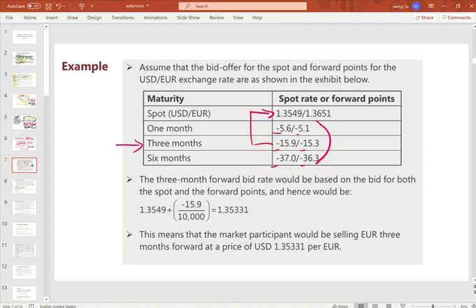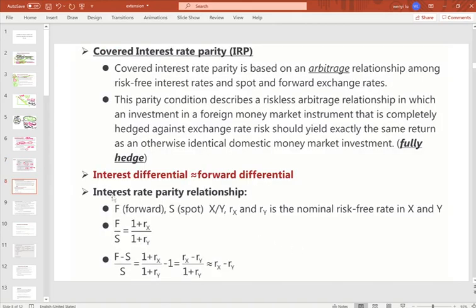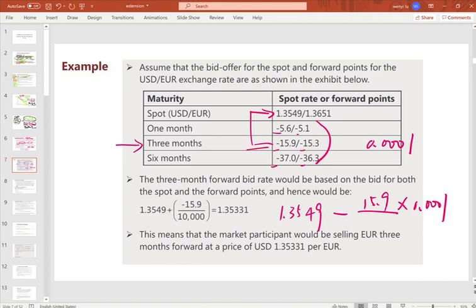With the 15.9 for the bid and 15.3 for the ask, what is the bid? The bid will be 1.3549, minus 15.9, and we know our point is 0.0001. So for the bid price for 3 months forward, it is 1.3549 minus 0.00159.